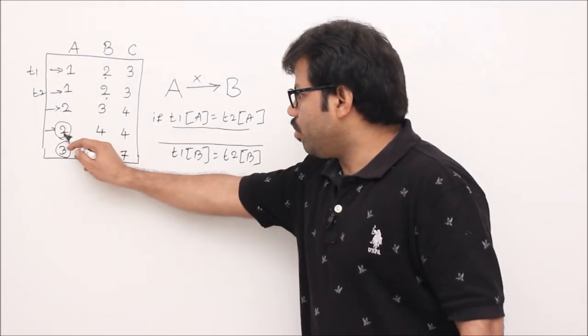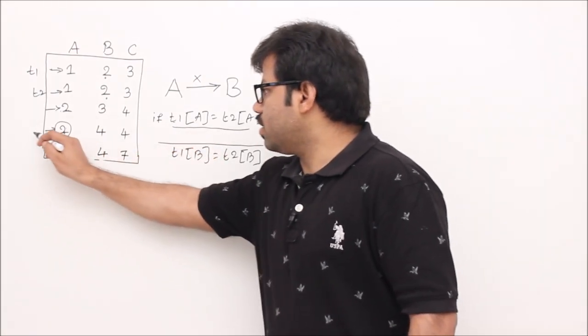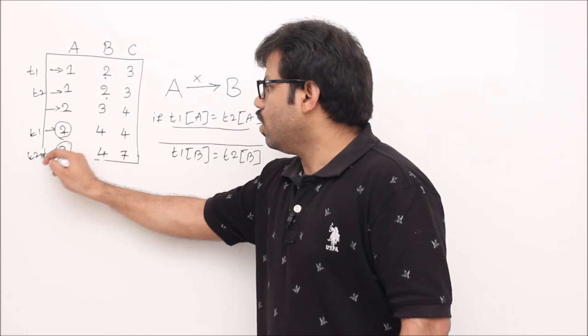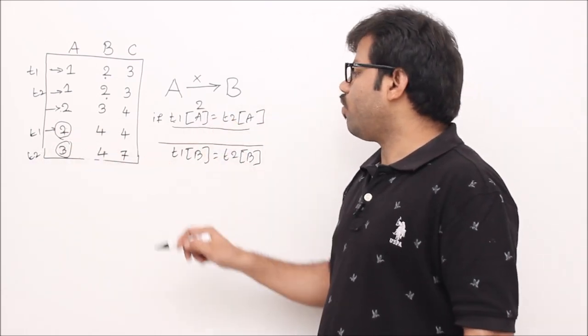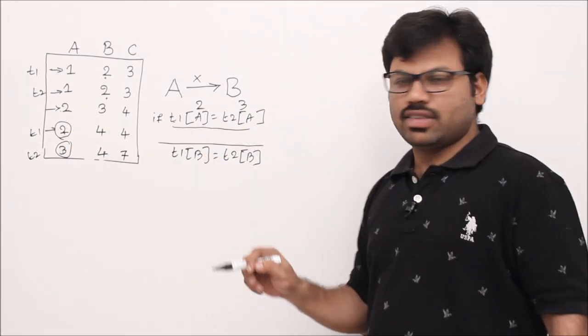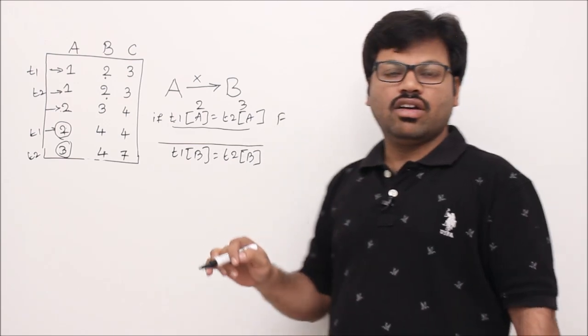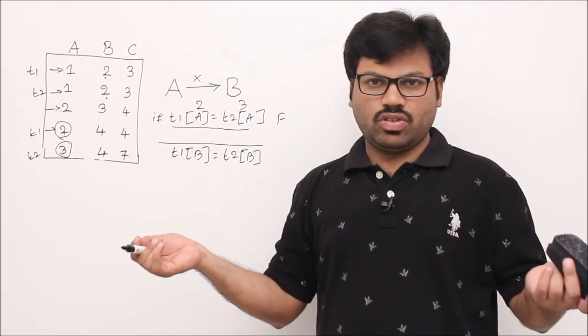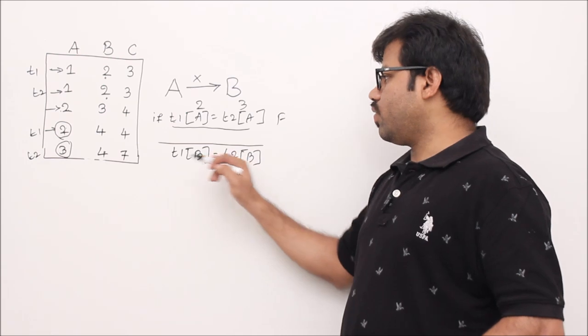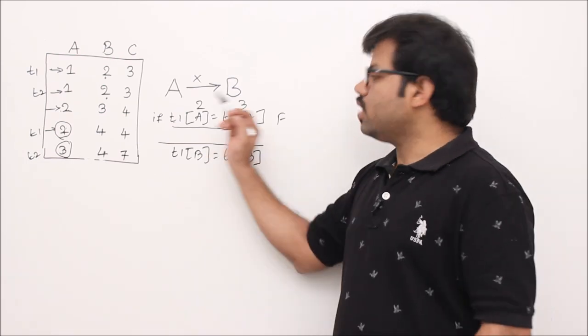In your example, this is T1, let's say this is T2. Tuple 1 of A is 2, tuple 2 of A is 3, 2 equal to 3 is false, right? Then in logic, false implies anything is true. That's why you don't need to check this one. Irrespective of that, your rule is satisfied.